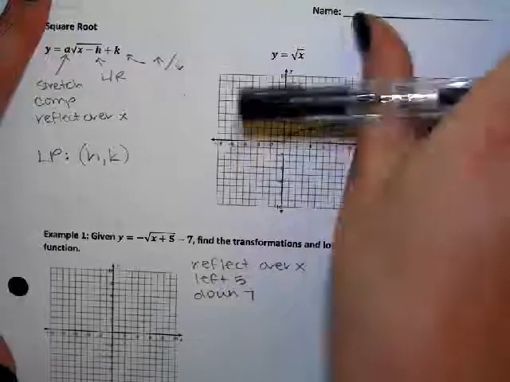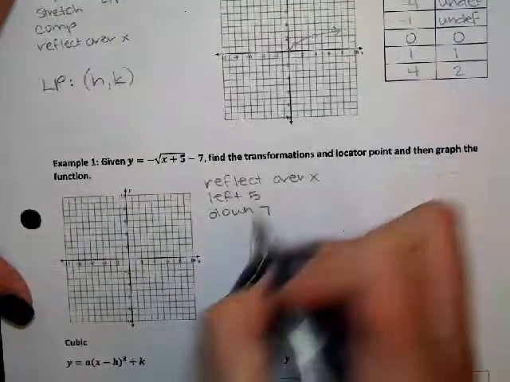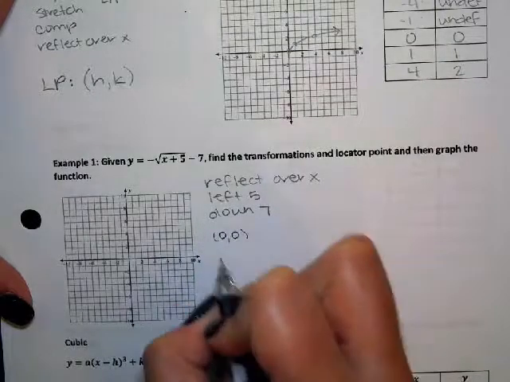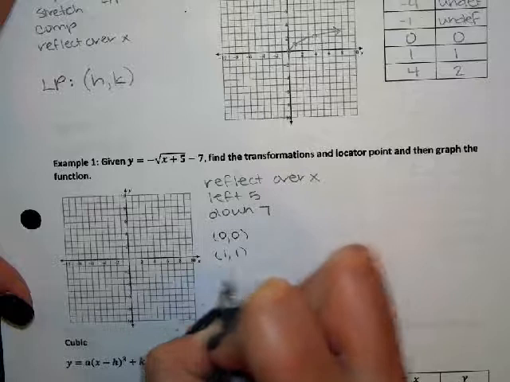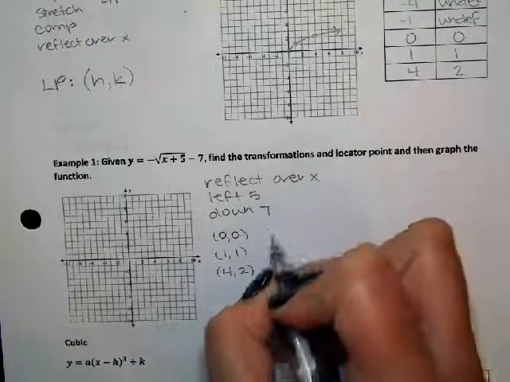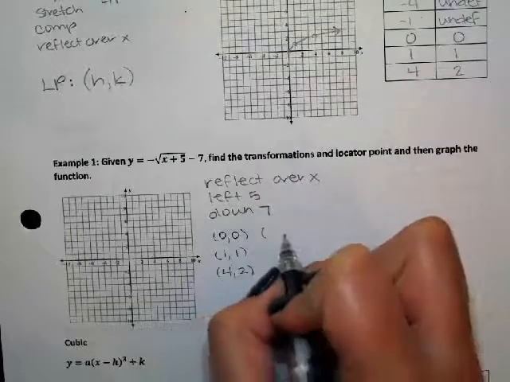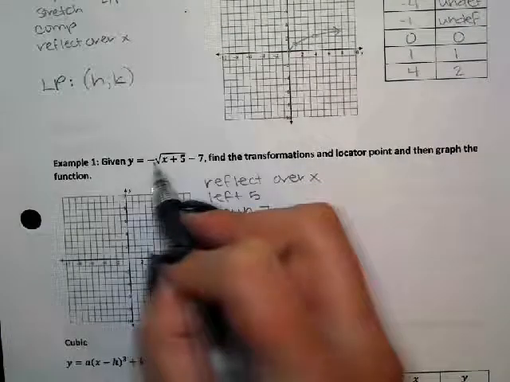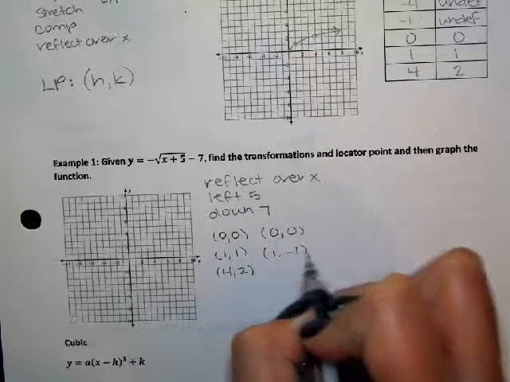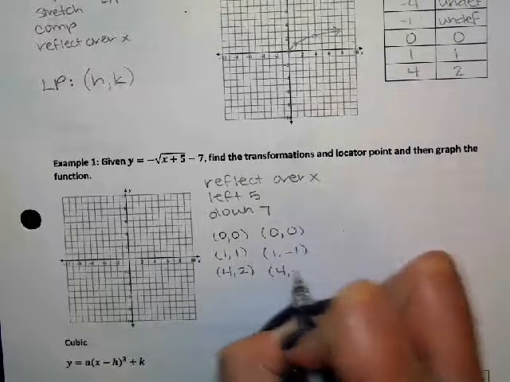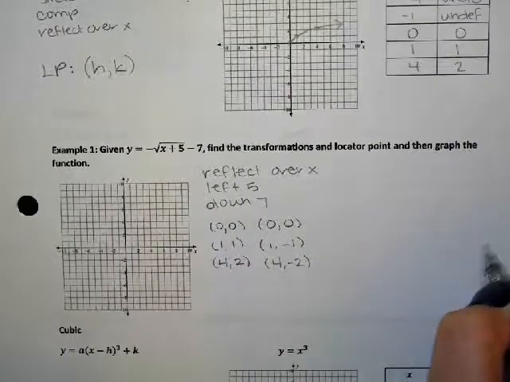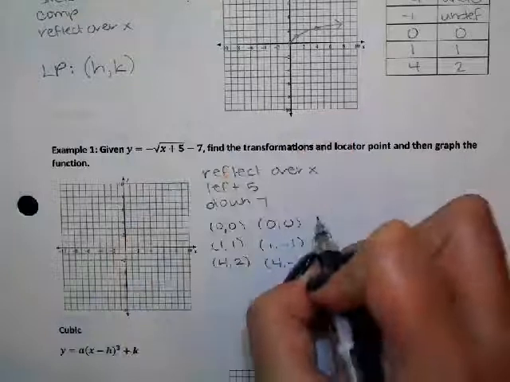And then I'm not going to use my undefined points because that's kind of silly. I'm just going to use 0, 0, 1, 1, and 4, 2. And so I'm going to reflect over the x-axis. That means I'm going to take my y-coordinates and multiply them by -1. Then I'll go ahead and take my points and shift them to the left 5.